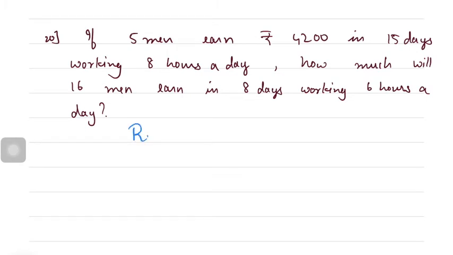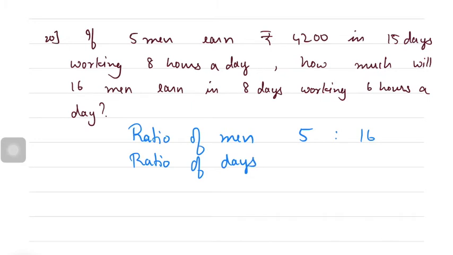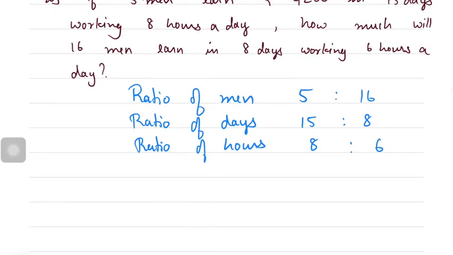So the ratio of men is 5 is to 16. The ratio of days is 15 is to 8. The ratio of hours is 8 hours a day and 6 hours a day.